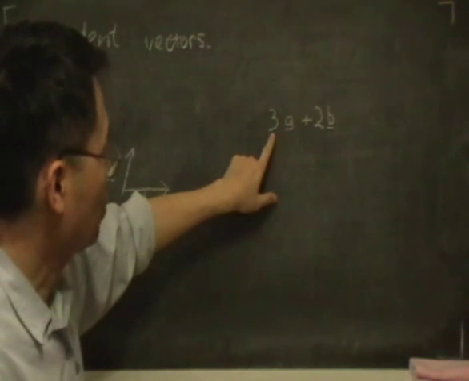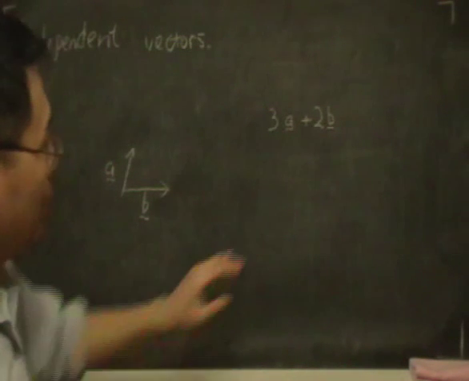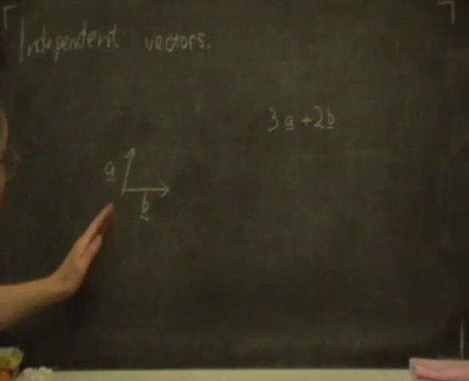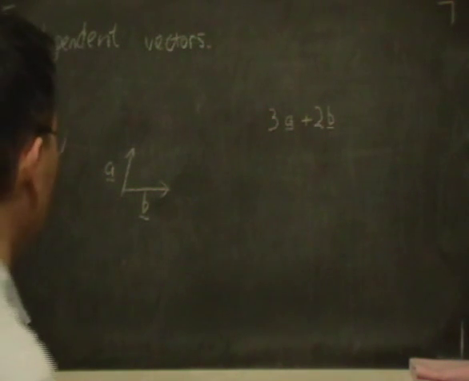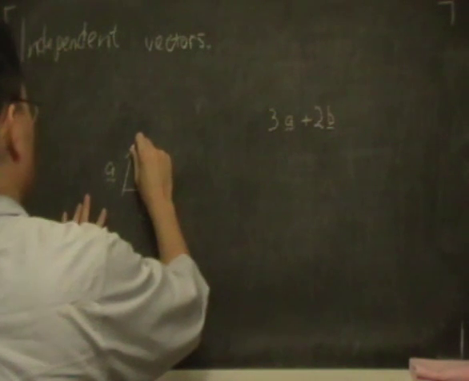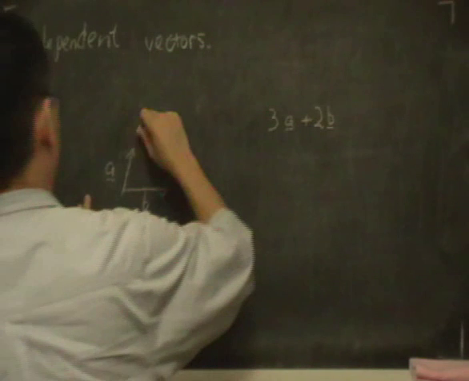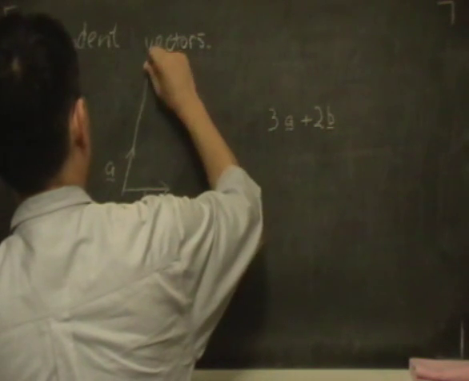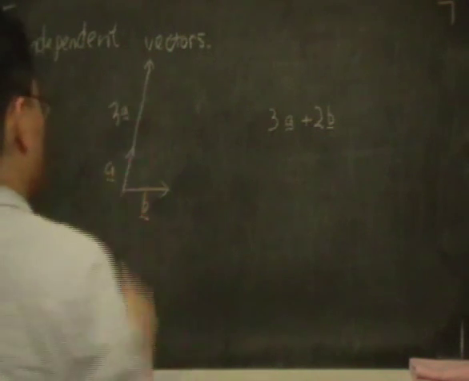Right, let's start with 3A. 3A is a vector that is in the same direction as A, but it is 3 times longer. So 1 time, 2 times, 3 times. Right. So 3A would be that. That's 3A.